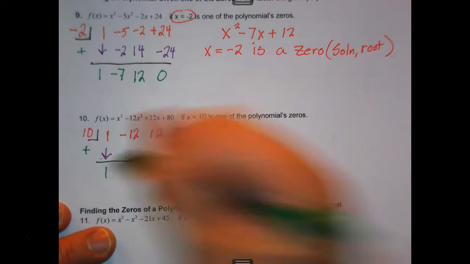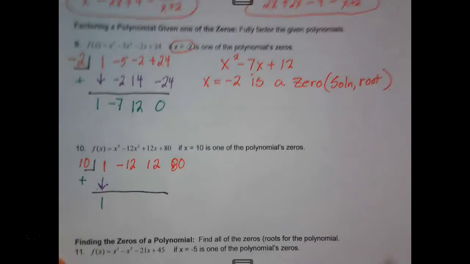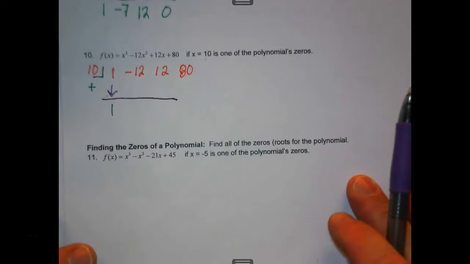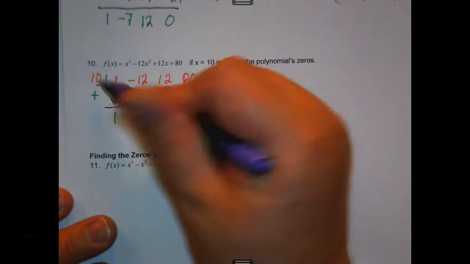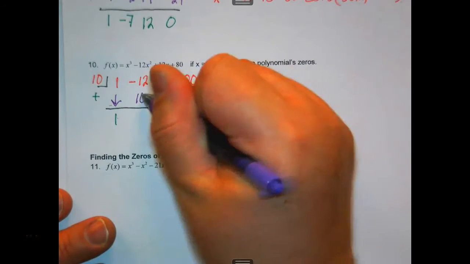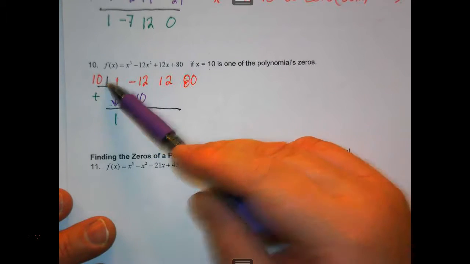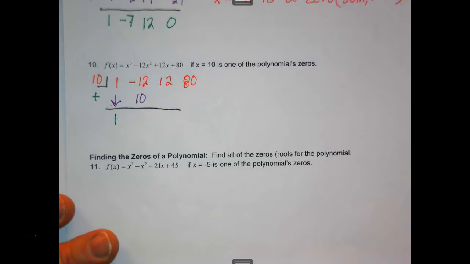No. Because up here we had to solve for x. 1 times 10 is? Well, yeah, you have to have at least one factor, one number.